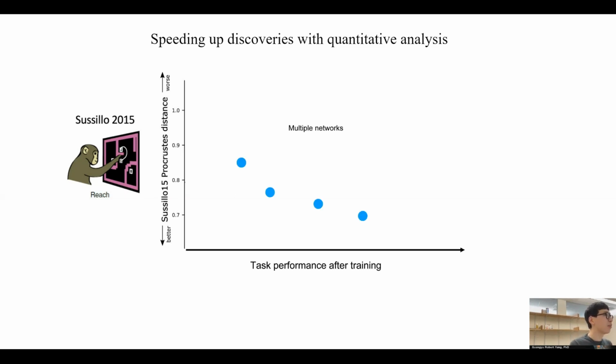And you can imagine that the better you are at this task, the closer you are to the brain. So here, each dot would correspond to a single network, and here we're analyzing multiple networks. But you could also see something like this, where when you get really good at the task, you actually deviate from the brain, right?